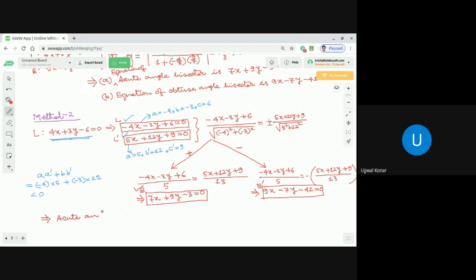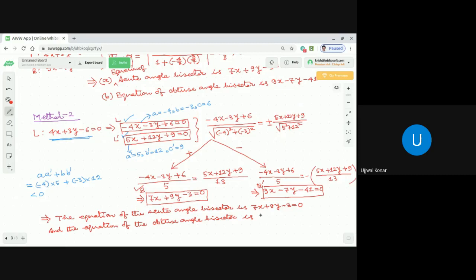So let me write properly. This implies the equation of the acute angle bisector is 7x plus 9y minus 3 equal to 0, and the equation of the obtuse angle bisector is 9x minus 7y minus 41 equal to 0.